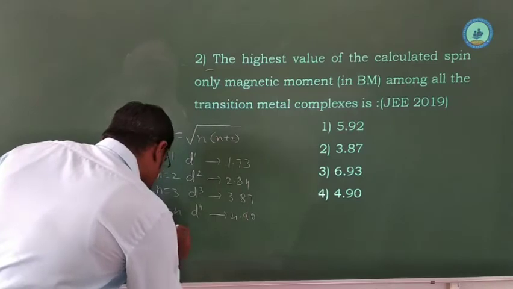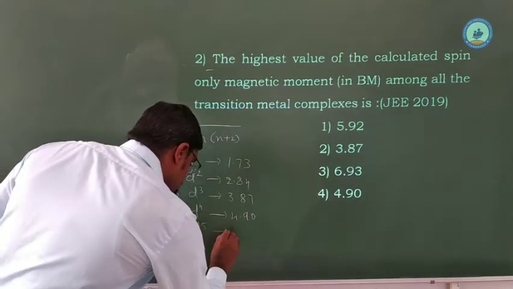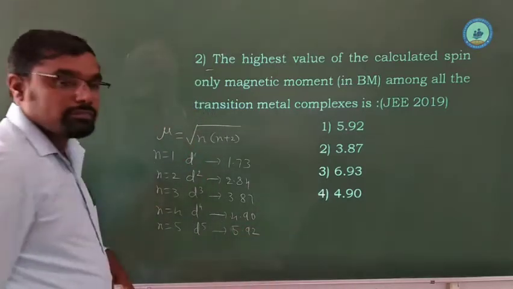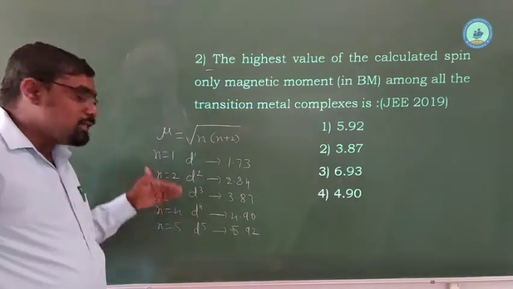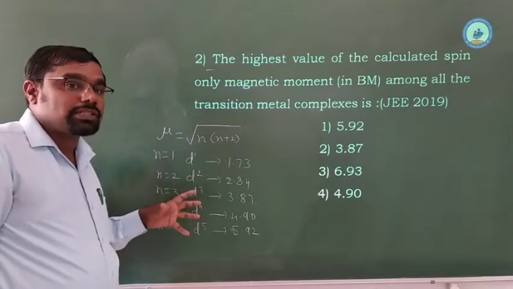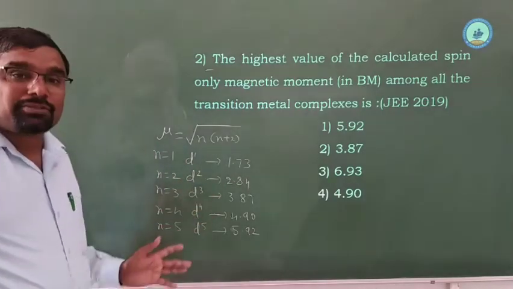And n is equal to 5, d5 is 5.92. This has to be calculated, and you should not forget these values. Then you can easily answer the questions, until you go for tricky questions.